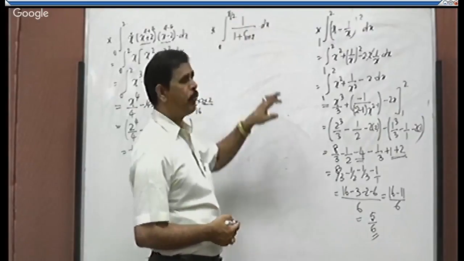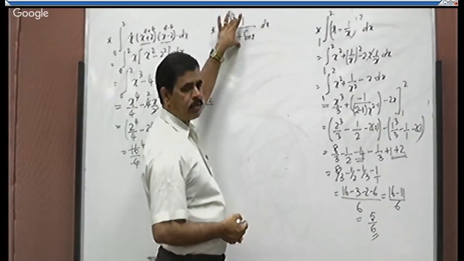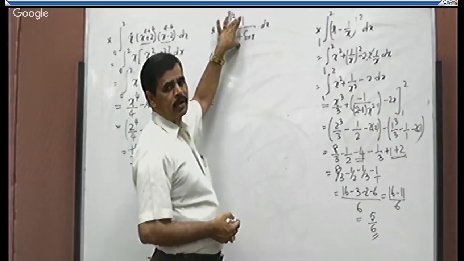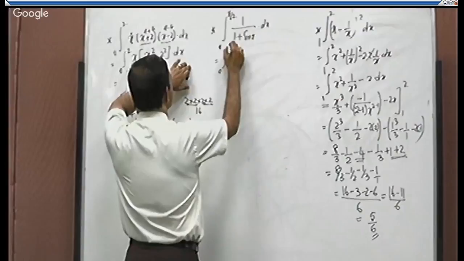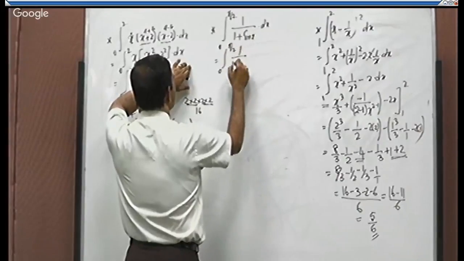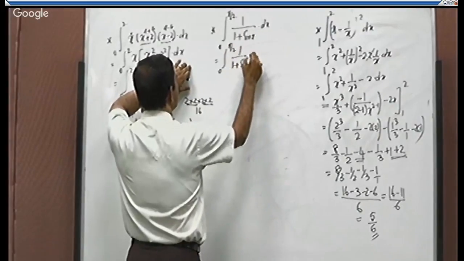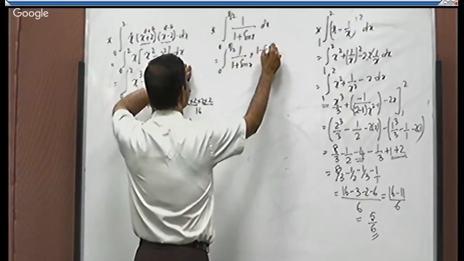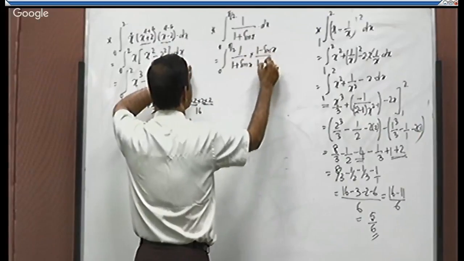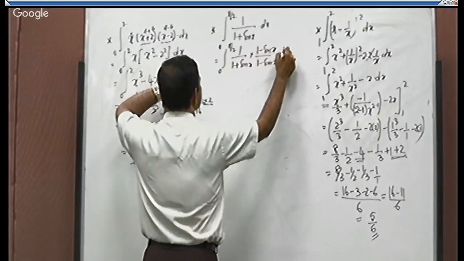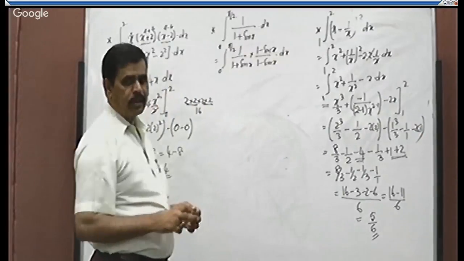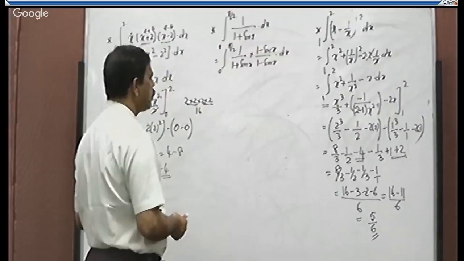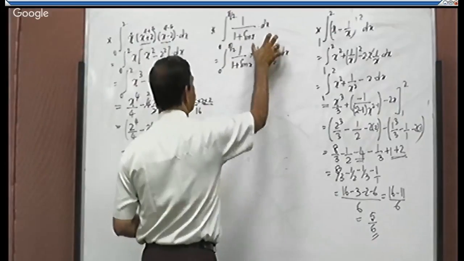How? By the rationalization method. So what does the rationalization method say? 0 to pi by 2, 1 by 1 plus sin x into 1 minus sin x divided by 1 minus sin x into dx. Whatever the denominator is having, you take the same term with opposite sign and multiply and divide by it.